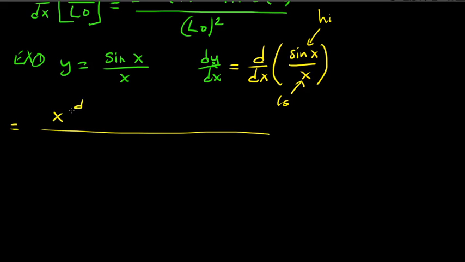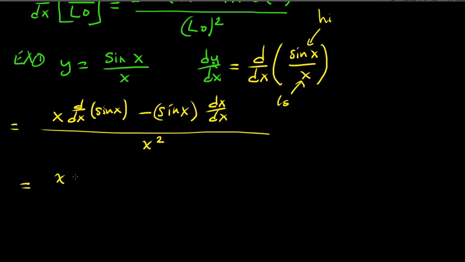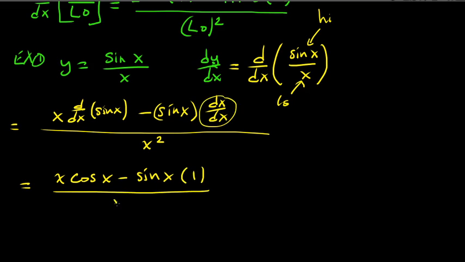So x times the derivative of sine of x minus sine of x times the derivative of x, divided by x squared. Now we still have to take the derivatives. So the derivative of sine is cosine minus sine. Be careful you don't take the derivative of sine, but you take the derivative of x, which is just 1, divided by x squared.